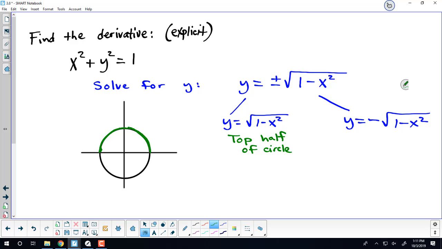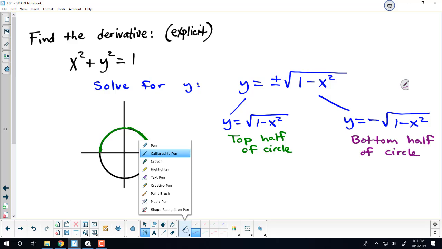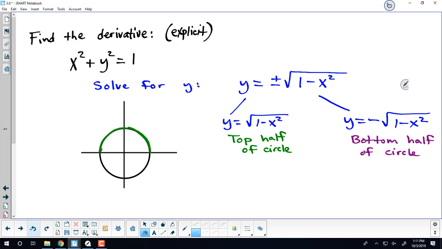And then the second, negative root describes the bottom half of the circle. Any points on the bottom half of the circle are described by that equation. If we want to find the slope of the tangent line at any point on the unit circle, we have to ask, first of all, where is that point?